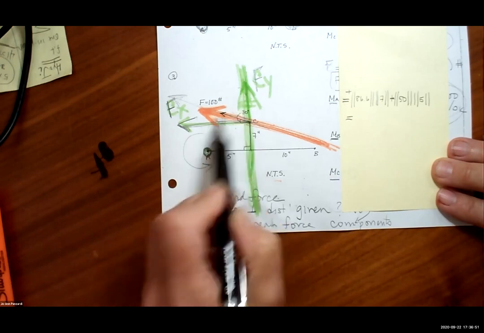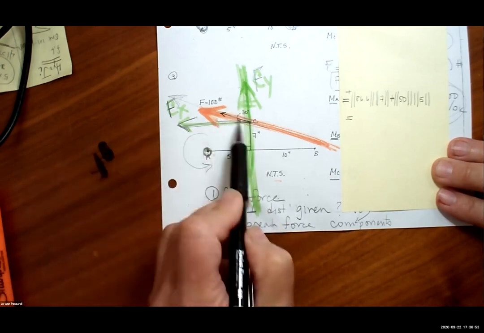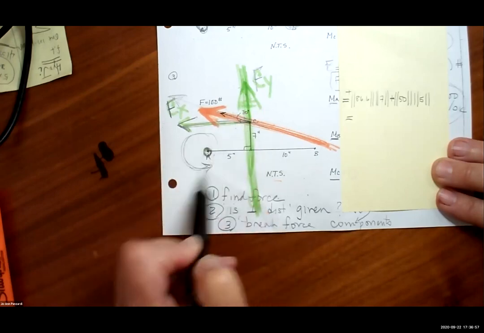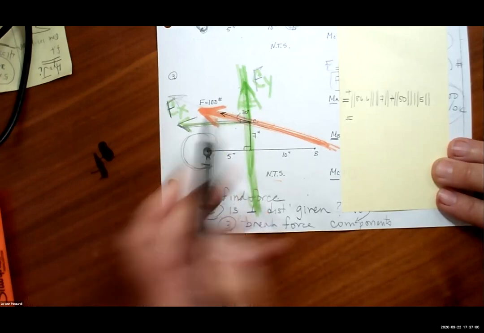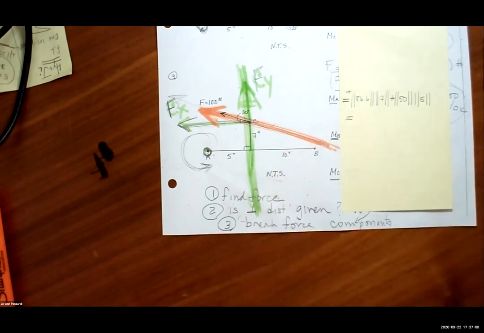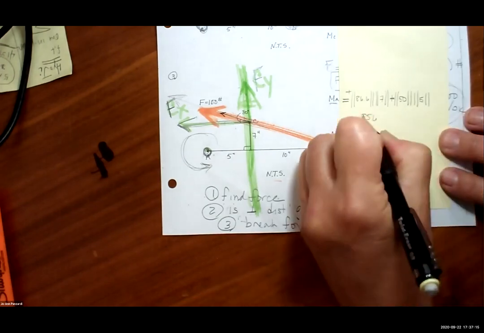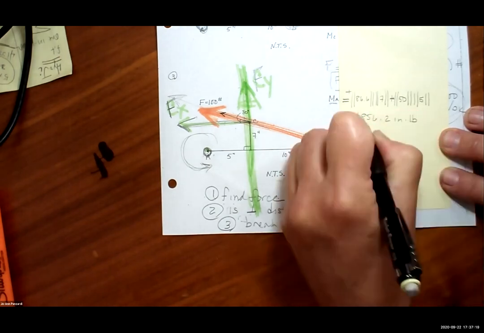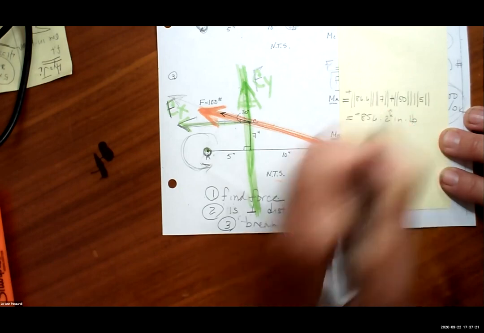I broke the force into two components. So this force is creating a spin this way, and this force is creating a spin this way. I have to add them together. So adding them together is 856.2 inch-pound, and it's positive, and it's in the K direction.